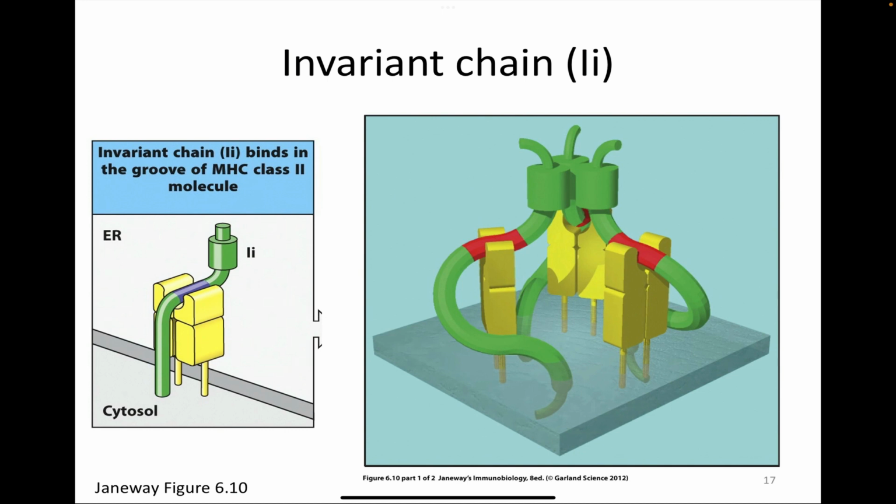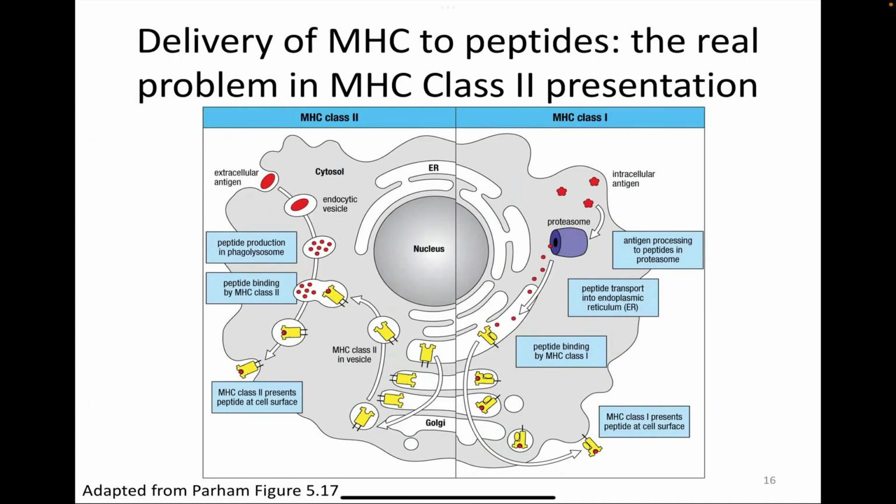An invariant chain, like I said, serves two jobs. Different parts of it are serving different jobs. This part down here with the transmembrane domain, sort of this piece of the tail here, it solves the problem that Emma mentioned. It actually gives the instructions on how to do this movement.